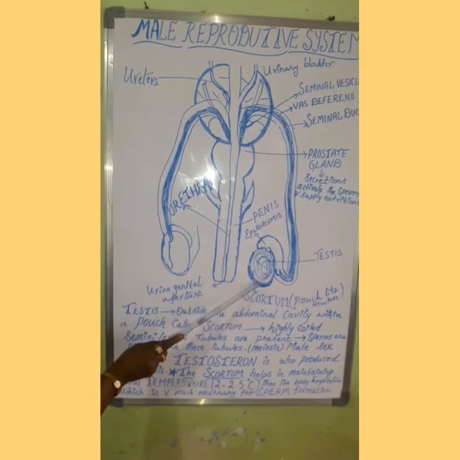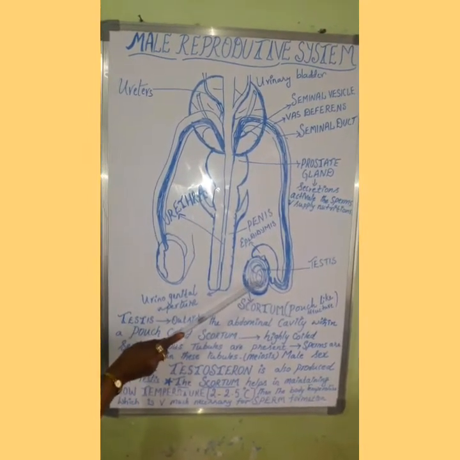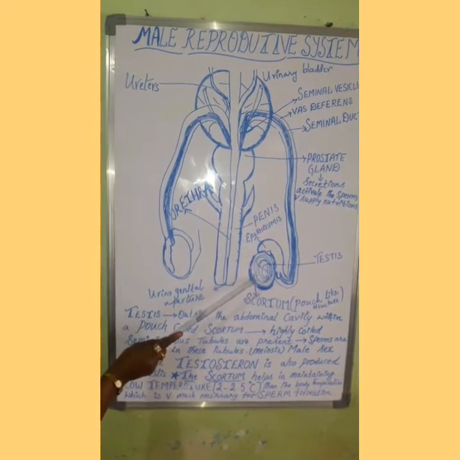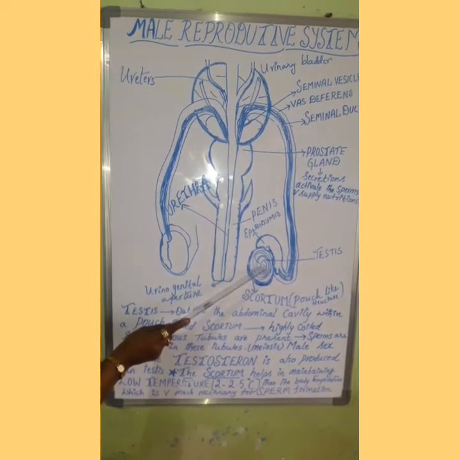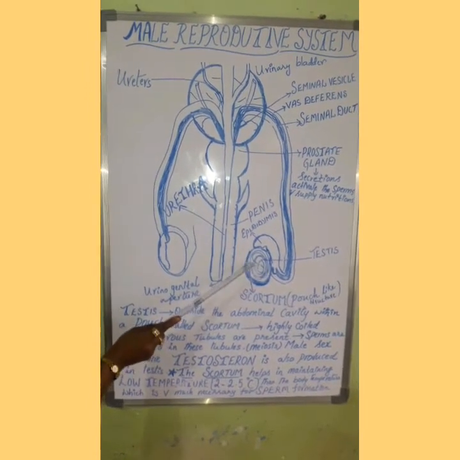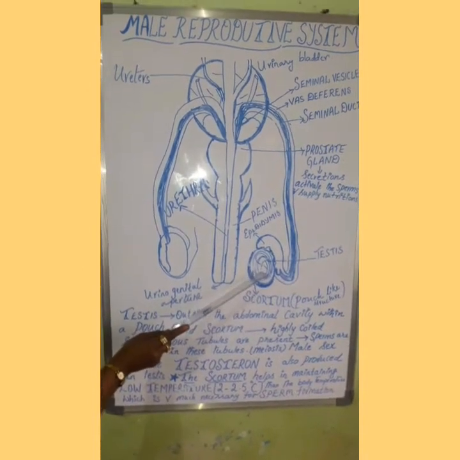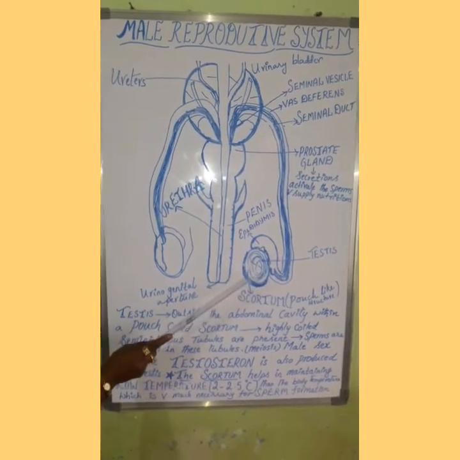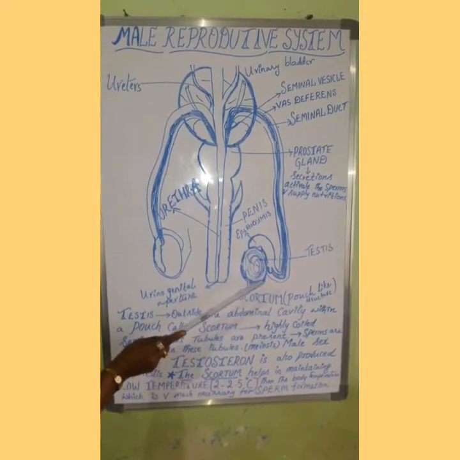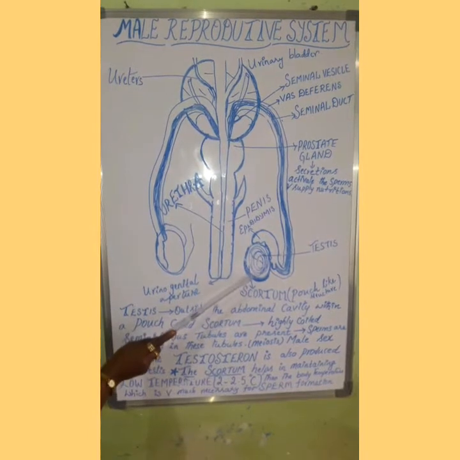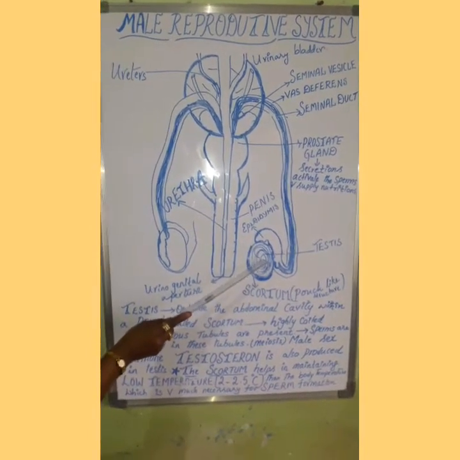It maintains a lower temperature for the testis, 2 to 2.5 degrees centigrade lower than the body temperature, which is very much necessary for sperm formation.